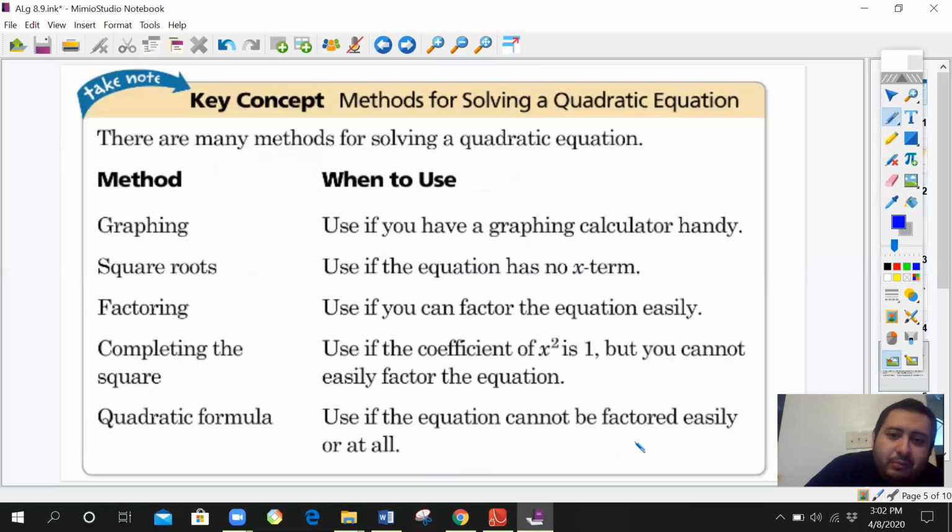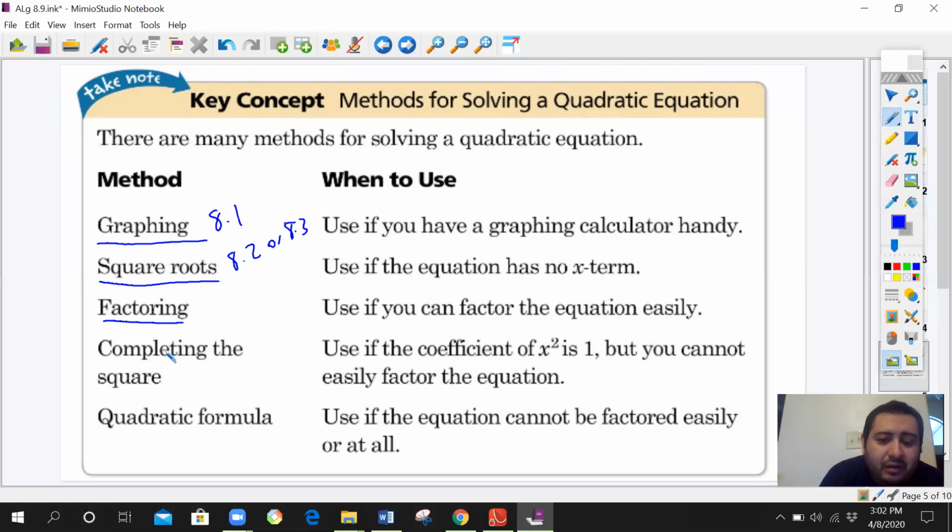All right, so this is just methods of how to solve the quadratic equation. There are many methods for solving a quadratic equation. So you could do it by graphing, since we went over that in chapter 8.1. Square roots as well. I think that was like 8.2 or 8.3. Factoring, we did that also.